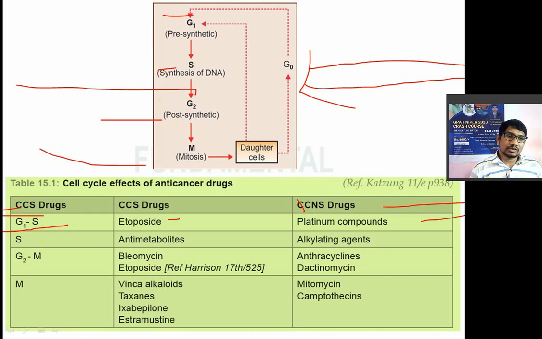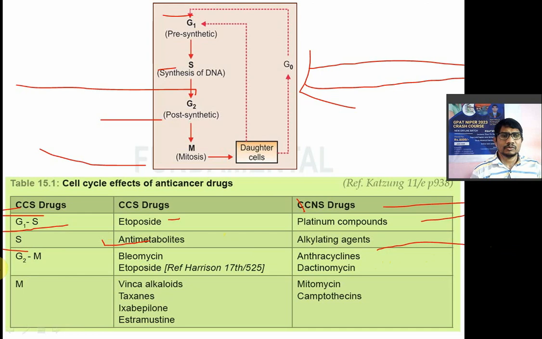Okay, now those drugs which affect the synthetic phase of your cell cycle, so most of the antimetabolites, all antimetabolites will affect the synthetic phase, and they are nothing but cell cycle specific drugs. Okay, now which are cell cycle non-specific drugs which affect the synthetic phase? So alkylating agents will affect the synthetic phase and they are known as cell cycle non-specific drugs.